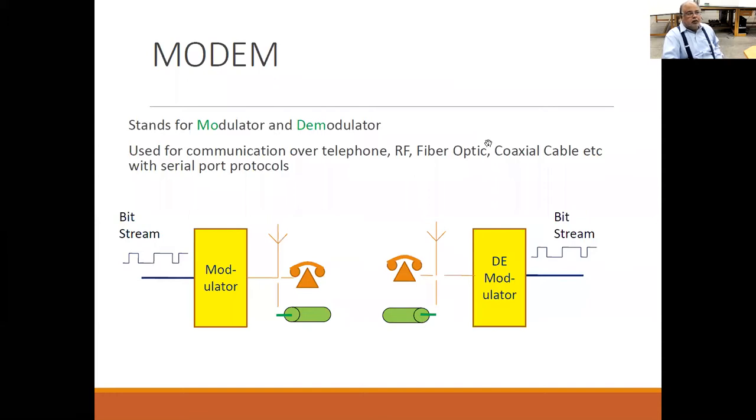Okay, a little recap of the modulators and demodulators we have studied. Basically, we have a bit stream that is modulated to reasonable frequencies. Those frequencies are then transmitted, and on the receiver side they are demodulated, and we get the bit stream back.